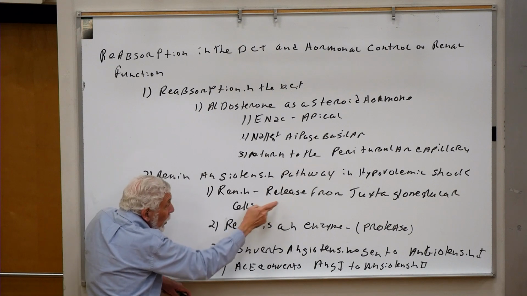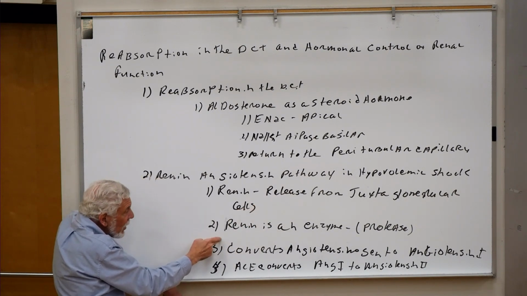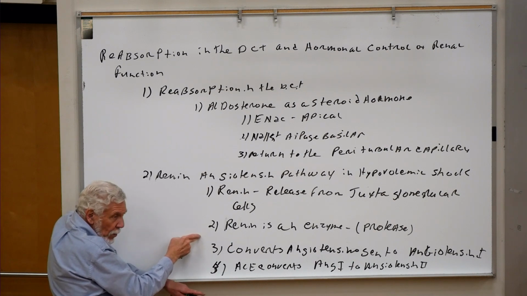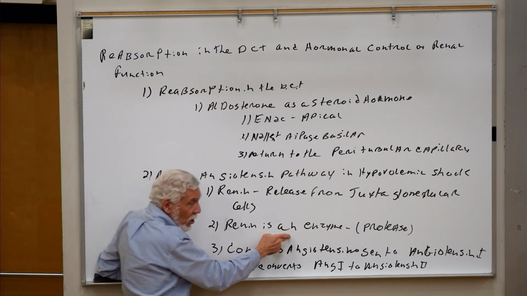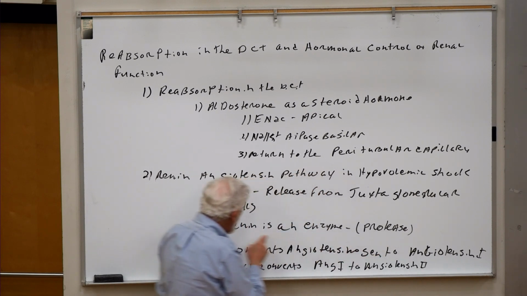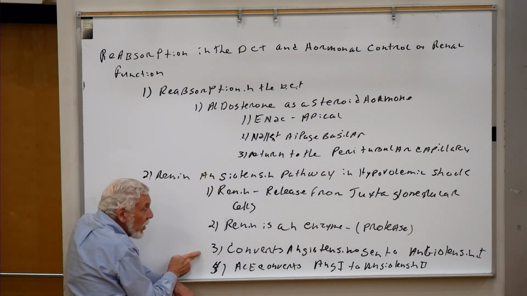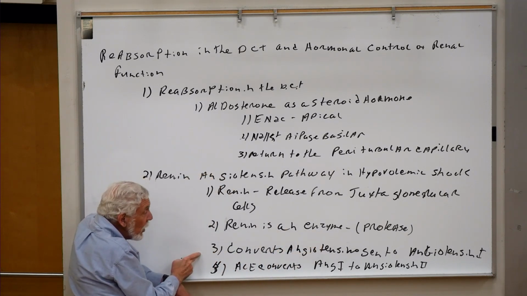So the juxtaglomerular cells now release this molecule called renin. Now, renin is not a hormone. Renin is an enzyme. It's in fact a protease, a proteolytic enzyme. And what this proteolytic enzyme does is bind specifically to a plasma protein called angiotensinogen.